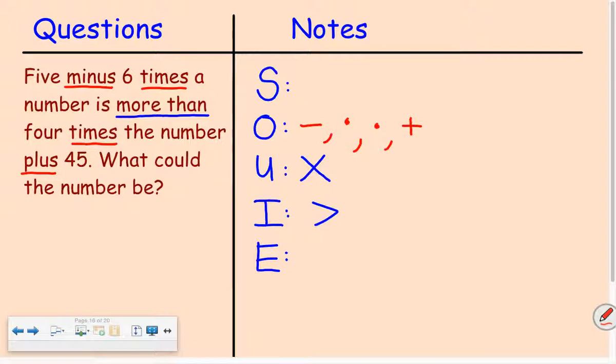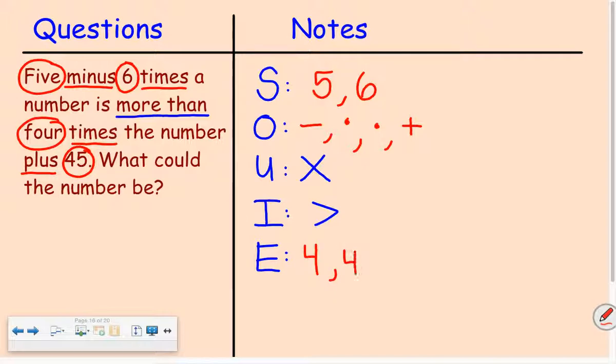All right, let's go with our numbers. So we have the number 5. We have the number 6. And then after our inequality, we have the number 4. So that's actually going to go here because that's after the word more than, and then our 45. So this one's a tricky one. This is not an easy word problem.